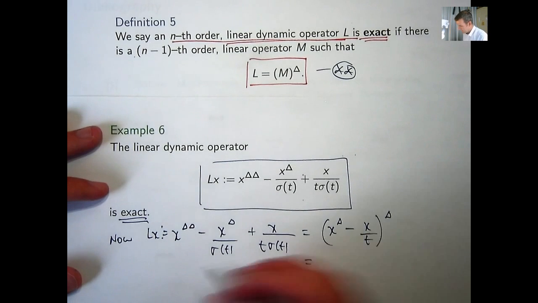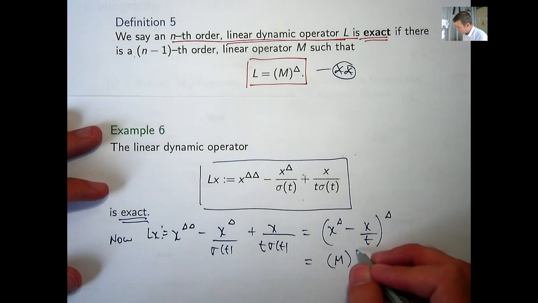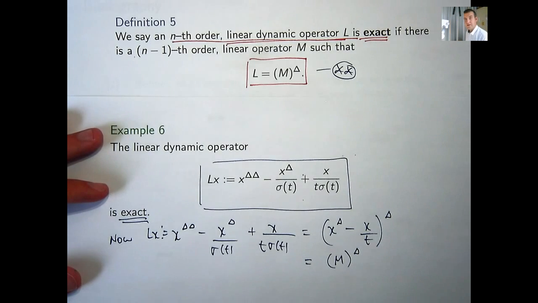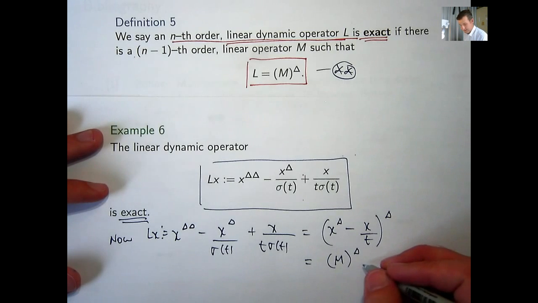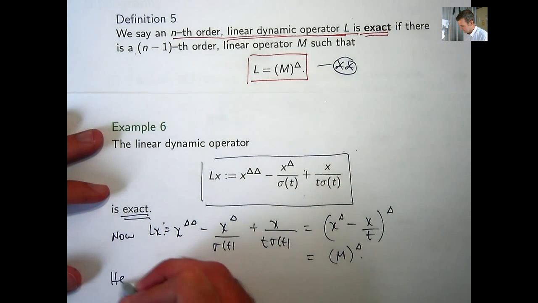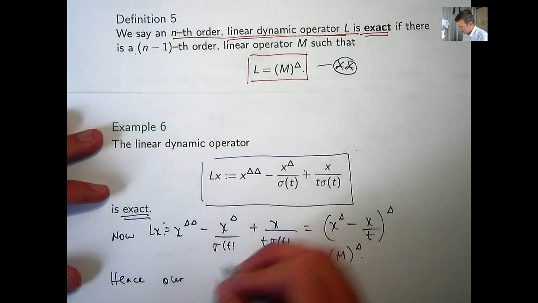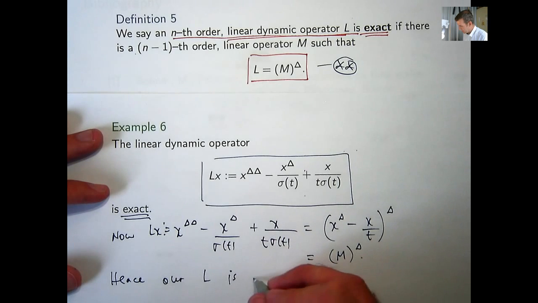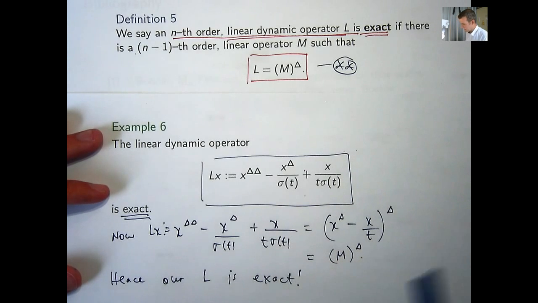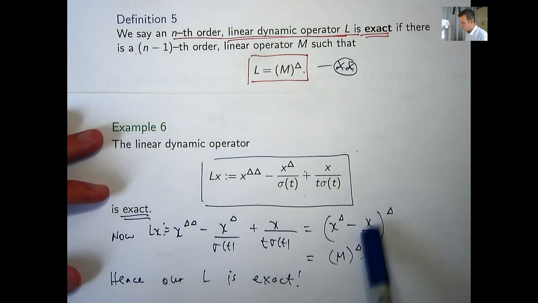Okay, so what's in the brackets here will be our linear dynamic operator m, which is first order. Okay, so we'll conclude that our L is exact, because we've come up with another linear operator that's first order, such that the delta derivative of this equals L of x.